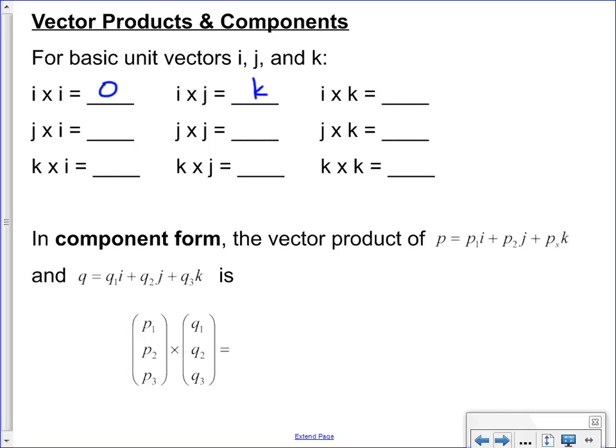And then i cross k would be negative j. If you want to see where that came from, there's a really long, drawn-out equation that they used in the book for it. But I'm just going over the pattern. I'm going to show you the shortcut. j cross i is negative k, then 0, then i, then j, then negative i, and then 0.